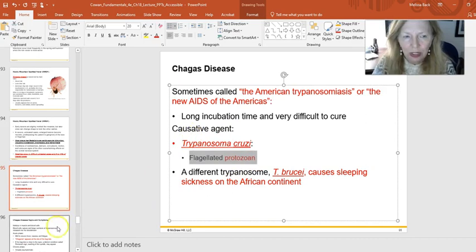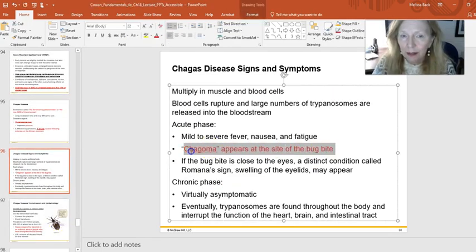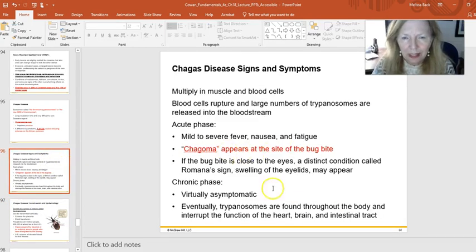So there's no known vaccines for this. It's just protection against getting a bite from the bug that can actually lead to this. So understanding the risk of traveling to these areas where it's endemic, and then being very careful to protect yourself from these bugs. These are sometimes called kissing bugs, though it doesn't say it in your notes.